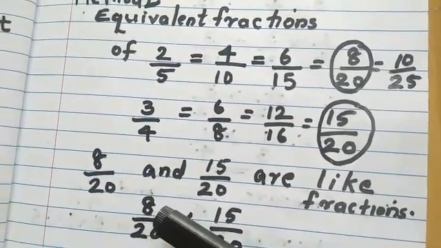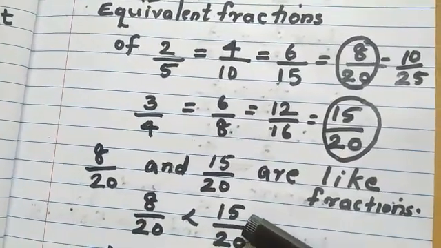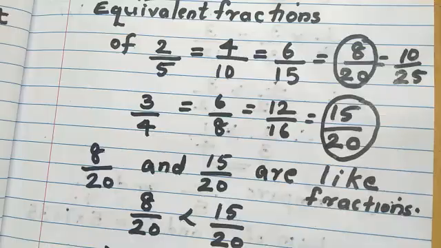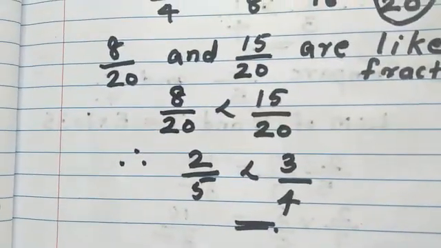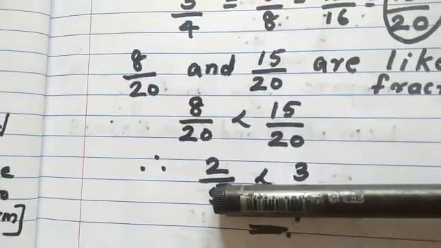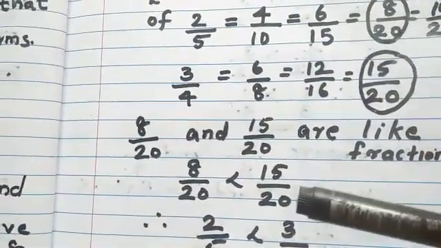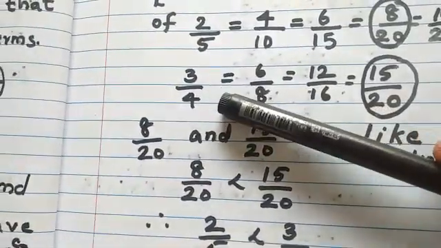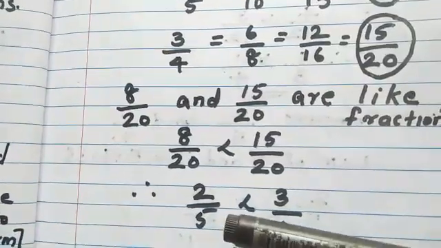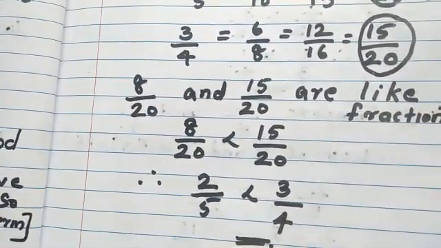Here, 8 is less than 15, so 8 by 20 is less than 15 by 20. This is the first method. So, we conclude 8 by 20 corresponds to 2 by 5 and 15 by 20 corresponds to 3 by 4. So, we can write 2 by 5 less than 3 by 4.